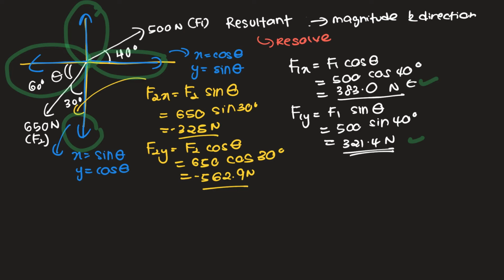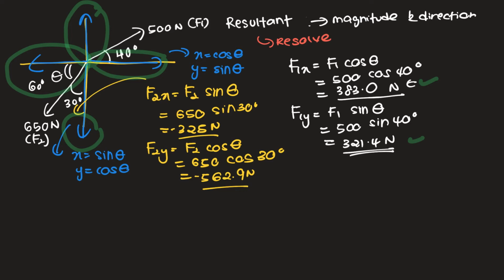Once you already put the sign, you double check first, you confirm that first, then you move to the next step, which means you are going to group the x components with the x and the y components with the y.